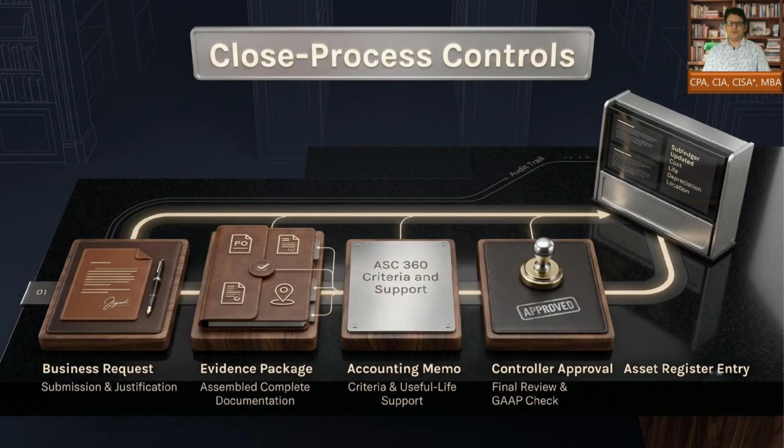The accounting memo applies ASC 360 to each cost item, documents useful life support, and records any tax input. The controller reviews the memo and evidence before approving the entry. Only then should the fixed asset subledger be updated with cost, class, useful life, method, and location code.